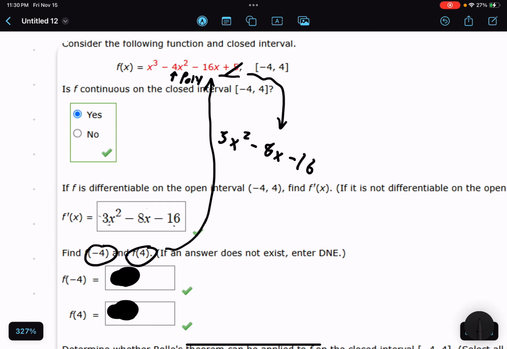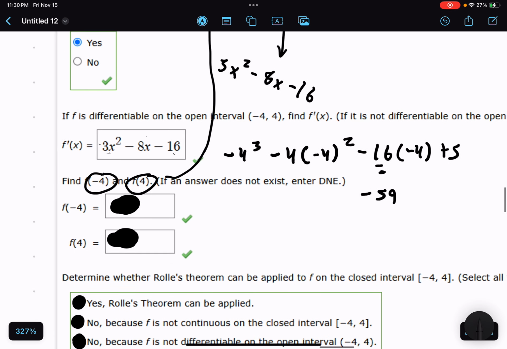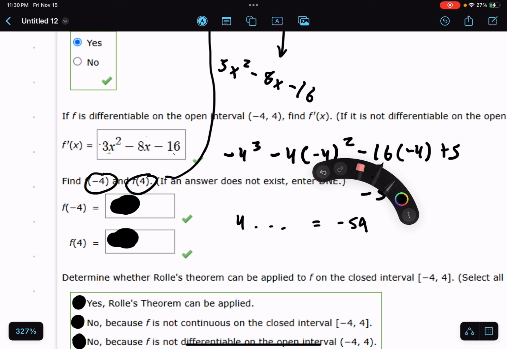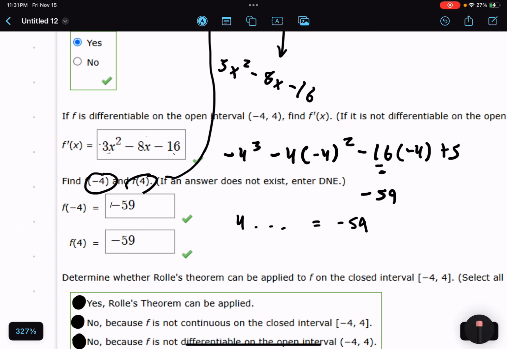We'll just do -4 because it takes a while. And you should get -59. And if you do this for +4, you should also get -59. So the values in this case match once you plug them into the equation.